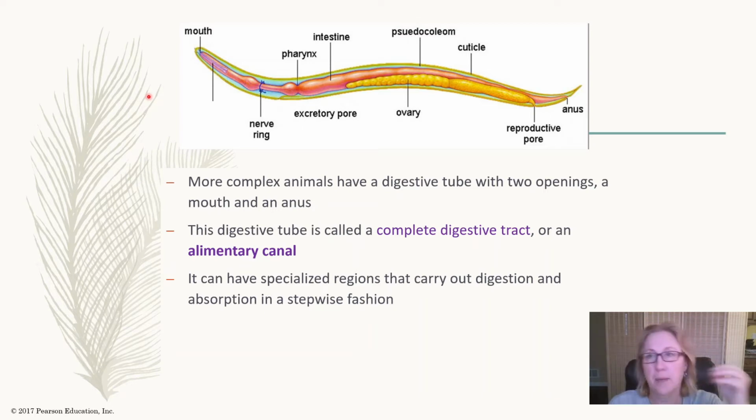Food only comes in the mouth, waste comes out the anus, and there are specialized regions along the way for digestion and absorption, and specialized cells lining the gut that either secrete enzymes or can absorb nutrients.